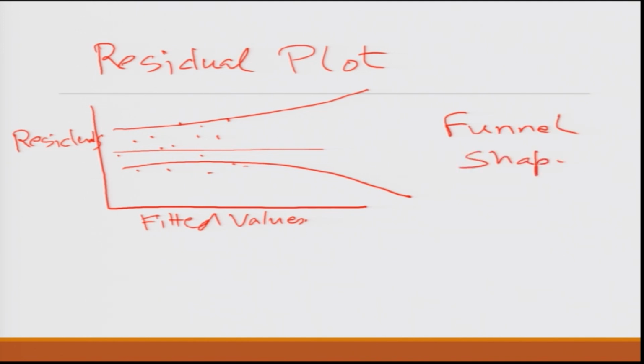Now, this funnel shape basically shows that in reality your errors are increasing. So, over a period of time, if you analyze the previous errors, you will find that the current error is a function of the previous error in a way.